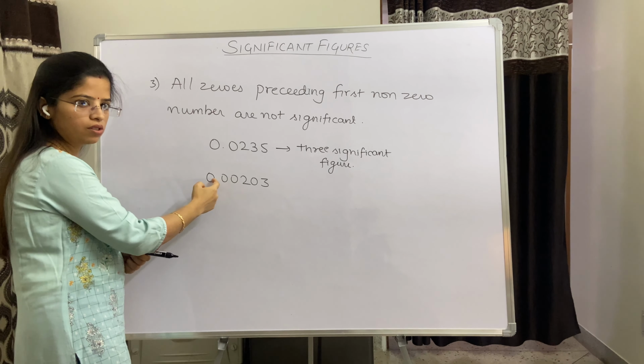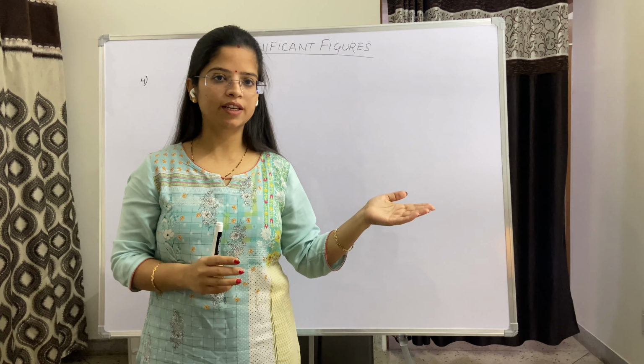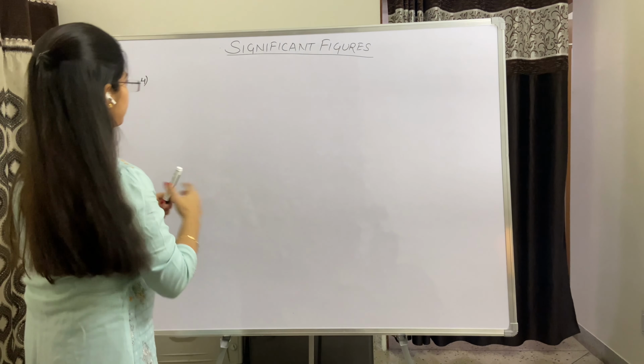The fourth rule. Rule 4 is if the zeros are coming to the right side of the non-zero number, these zeros are not considered significant. But when a decimal is coming in between, then the right hand side zeros are also considered significant.